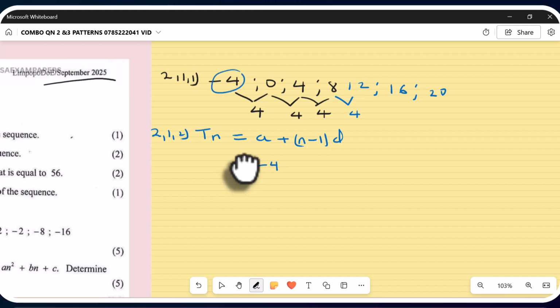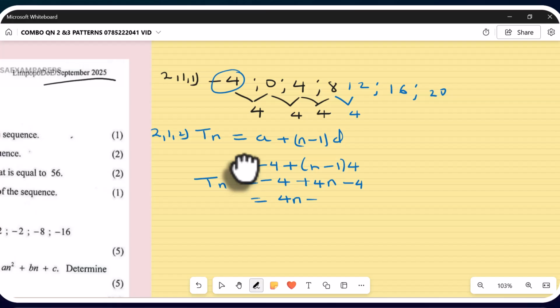So it's given by 4 multiplied by 12, minus 8. So what is our T12 now? This is 48 minus 8. What do you get, guys? You get 40. That's our answer here for the T12.